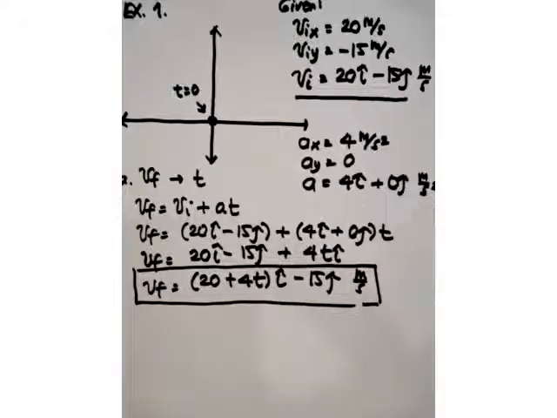Yes, they were given. Yeah, that's a problem. The initial velocity has x component of 20, y component of negative 15, and the acceleration is purely x, which is 4 meters per second squared. ay is not given, so it is assumed ay is 0 kasi ang sabi lang sa problem, the particle is only experiencing an acceleration in the x direction. So no acceleration along y.